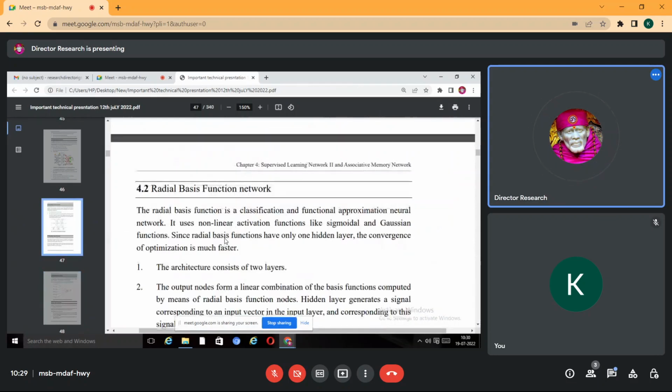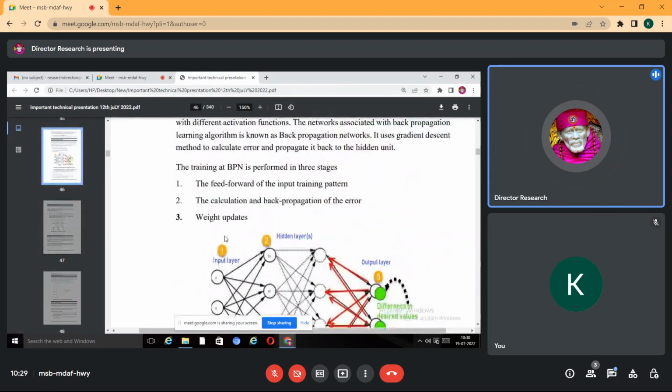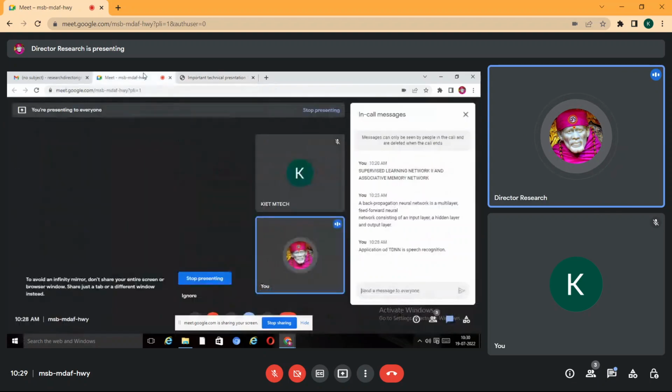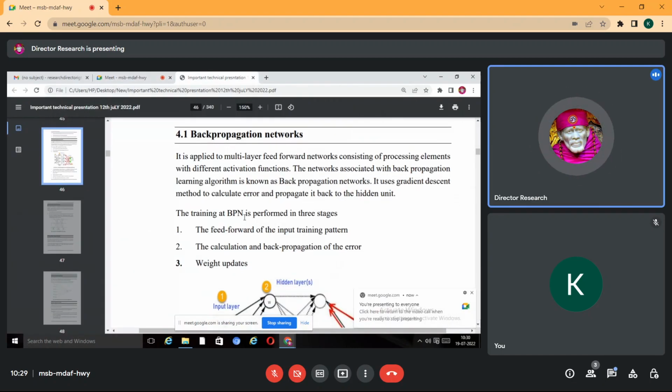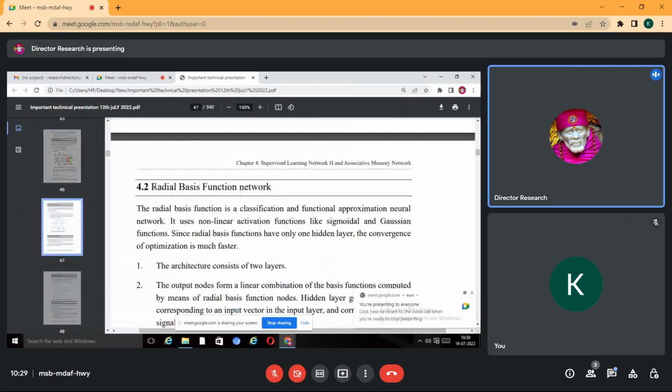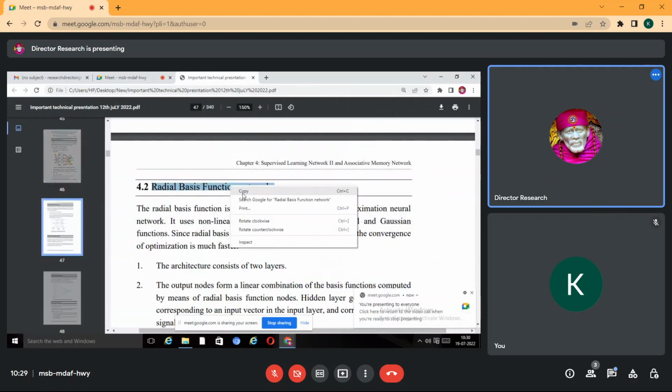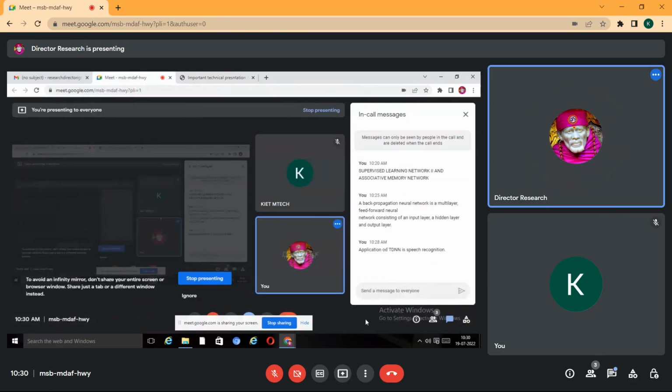Okay, just the concept diagram for backpropagation networks. Backpropagation network, and the other one is radial basis function network.